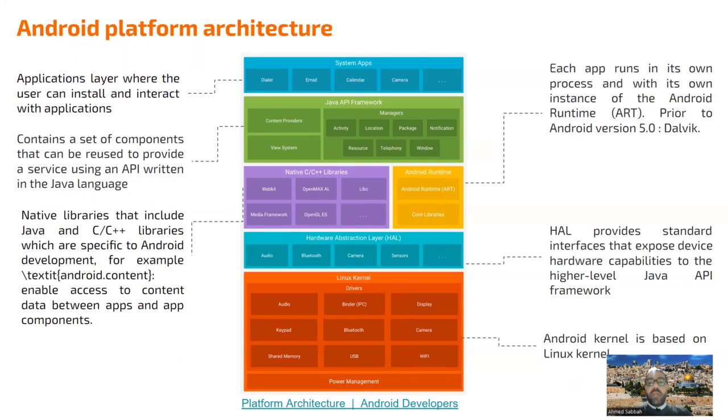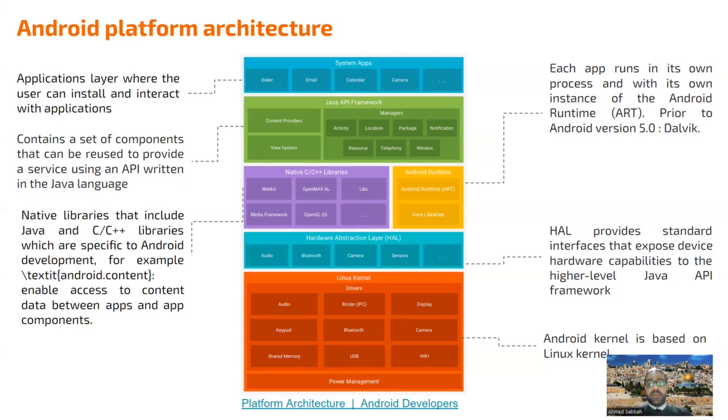In the same layer, we have another part called Android runtime. Each app runs in its own process with its own instance of the Android runtime, called ART. Before Android version 5, it was called Dalvik. The next layer is called the hardware abstraction layer.